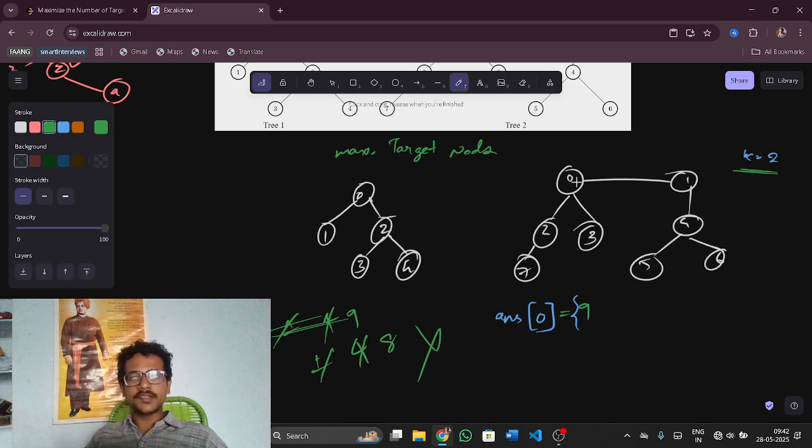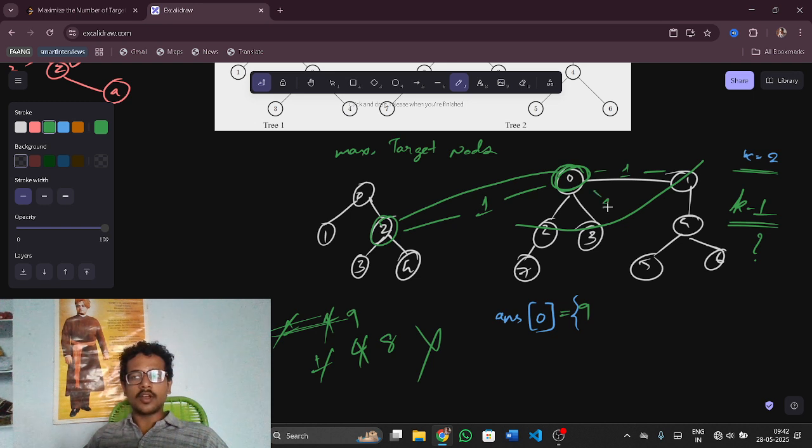Now for tree 2, I count only at a distance of k minus 1. Why? Because if you connect 2 to 0, this will come at a distance of 1, right? And this second node will come at a distance of 1 again. So totally there will be 2. So imagine k is equal to 3.